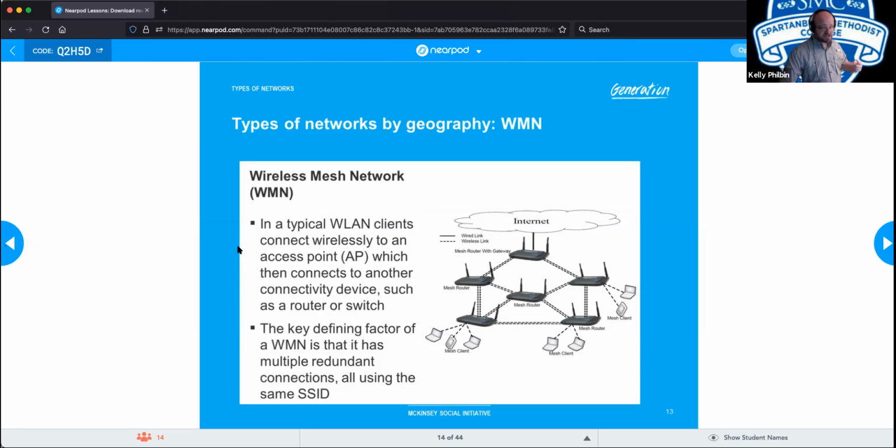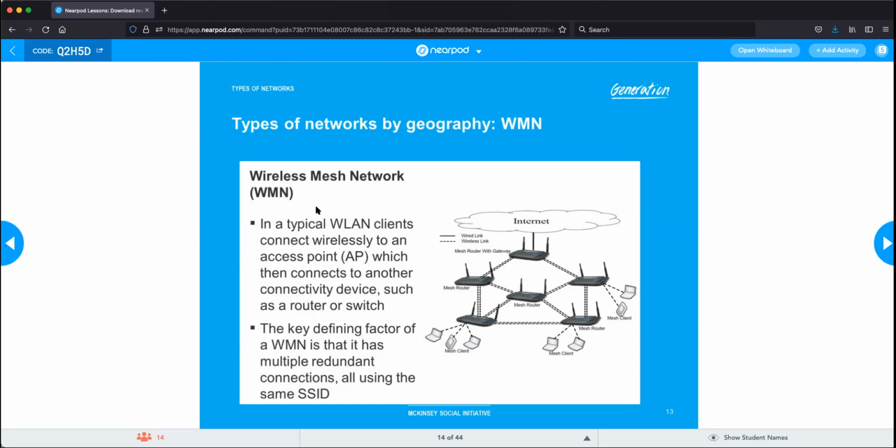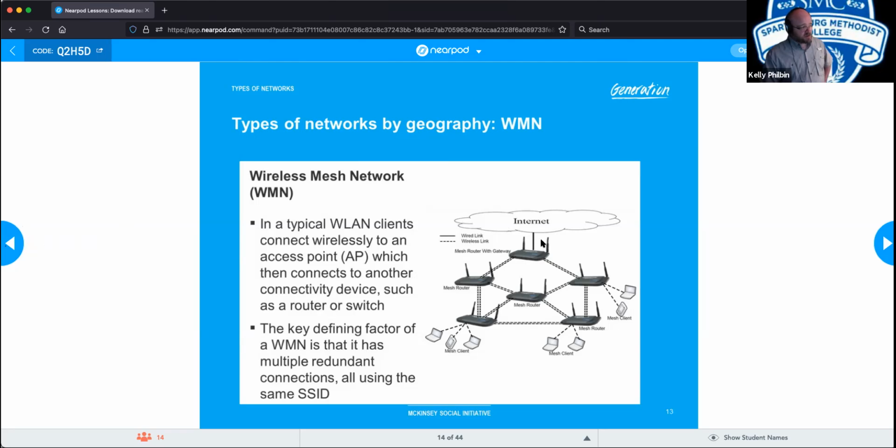You're creating a mesh of connections where if you're losing connection with device A right here, which would be the controller, so you're walking away from it and you lose connection, well, it automatically hooks up to the very next one in the connection because it uses the exact same SSID, or sign in, and password is the same for all of these devices. So you don't notice it, but your device automatically switches from one to the other because it has a better signal. Does that make sense, TK?